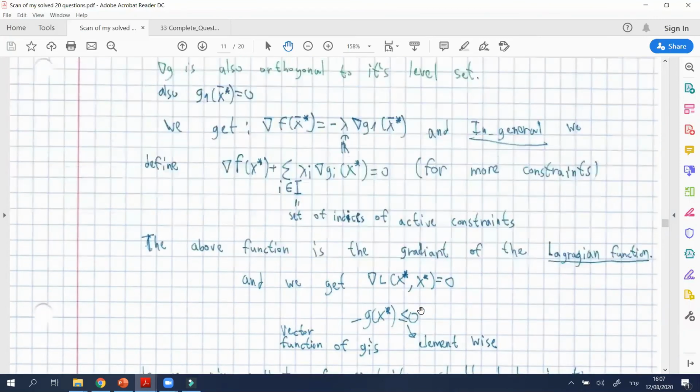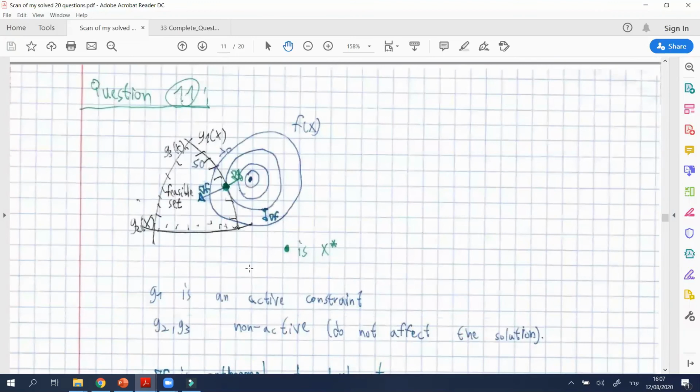In general, returning to our problem, we can understand the logic behind this, because for these constraints the lambda will be 0. It won't work any other way, counting on what I just said. But this constraint at this point has to be 0, because this is how we defined it, and the gradient has to be in the opposite direction. So this is the main idea of the KKT conditions.